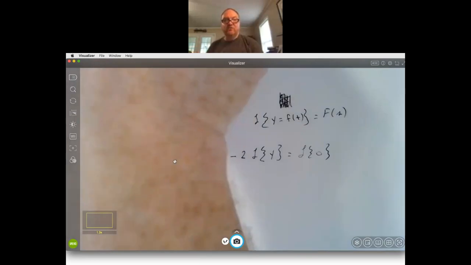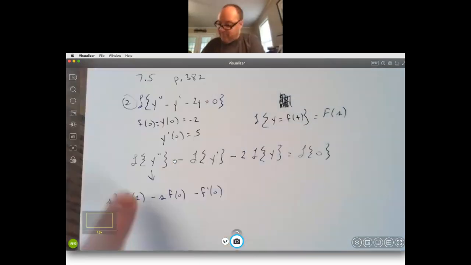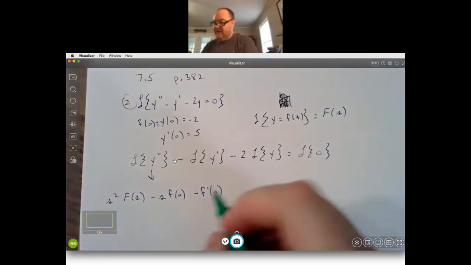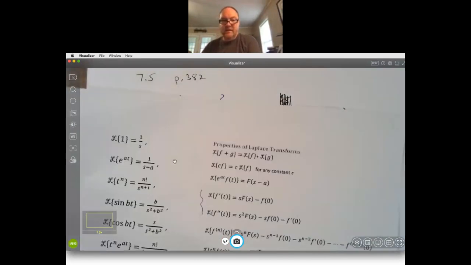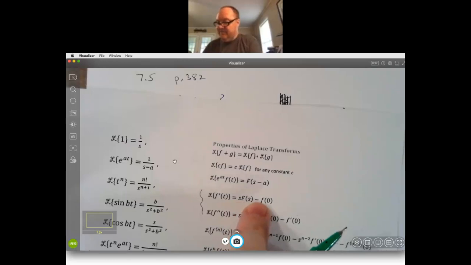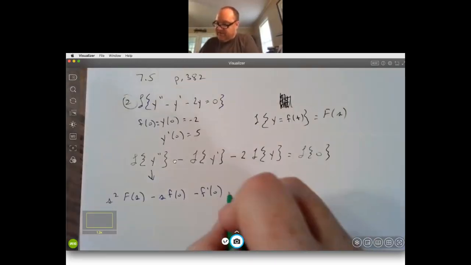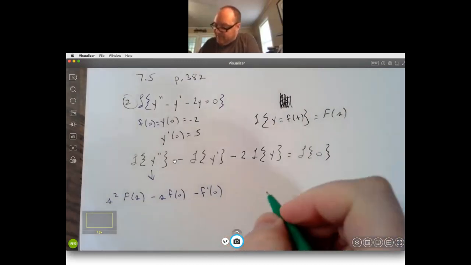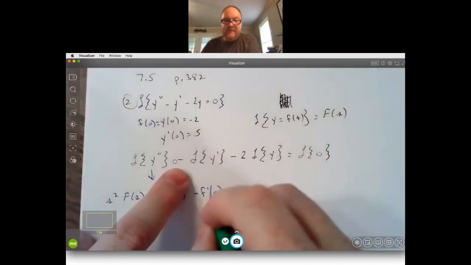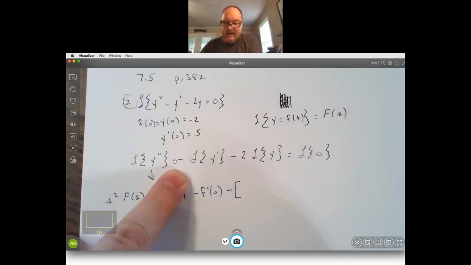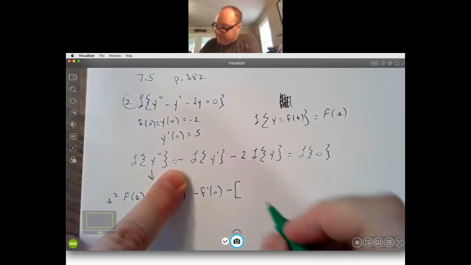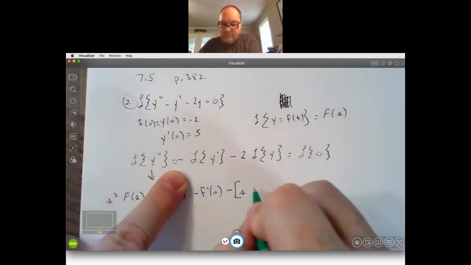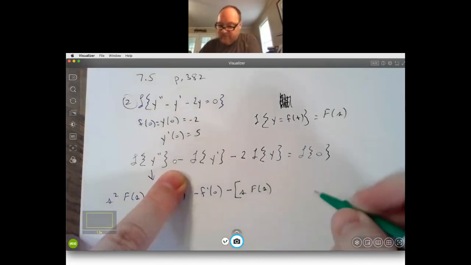All right, then I want to transform y prime. So I have a formula for that too. And here it is. s times big F of s minus f of 0. And let's see, that's going to be a minus in front of all that, isn't it? So minus s times big F of s minus f of 0.